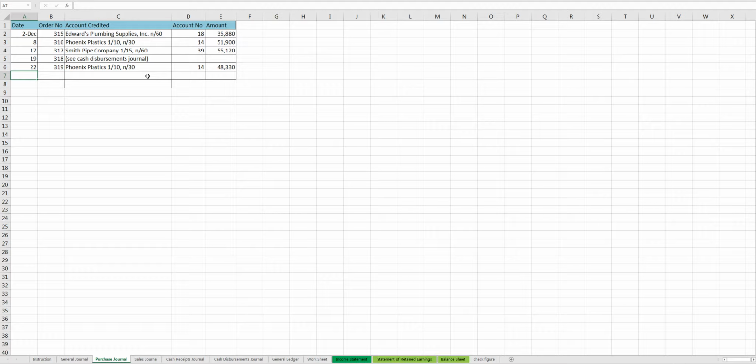On the debit side it's always inventory, so we don't have to repeat. So on the 30th we're going to record a purchase on order 320. That's for Oxenford. We're going to write the sales terms, which can remind us to pay to get the discount if we want.